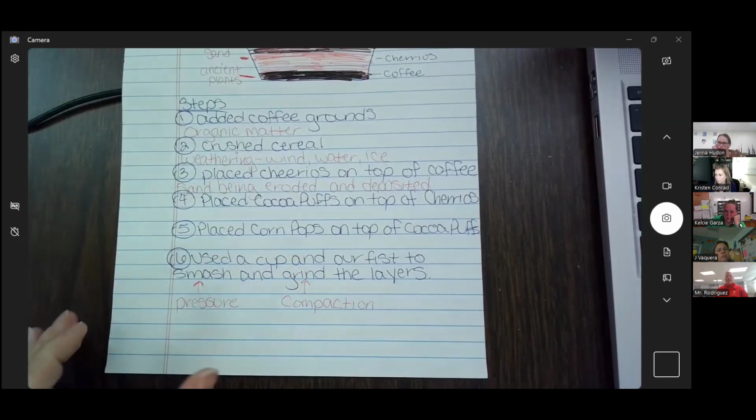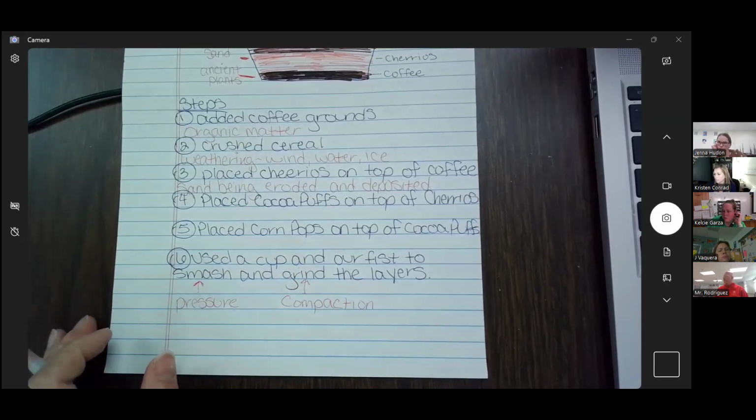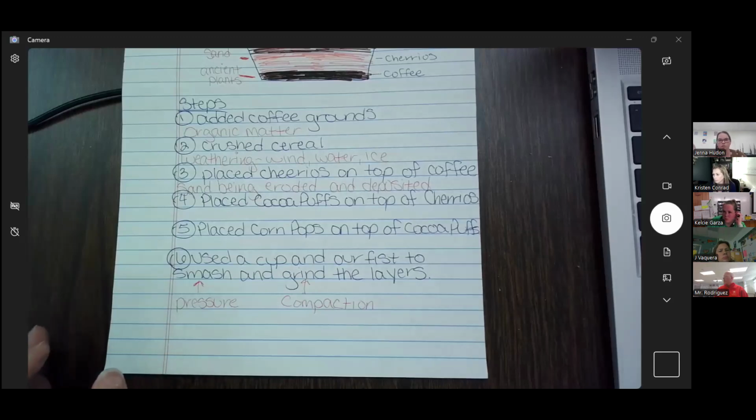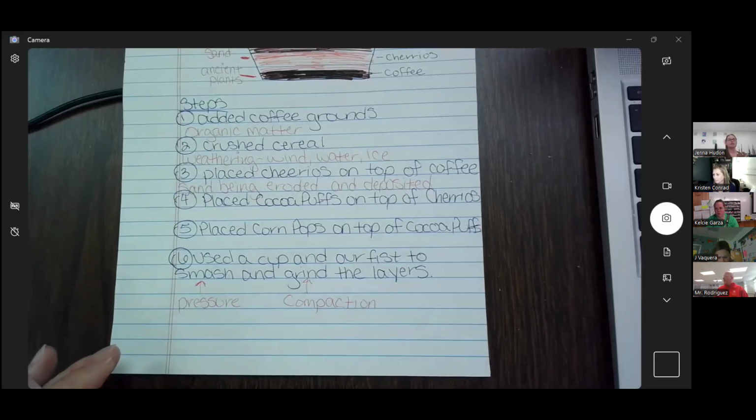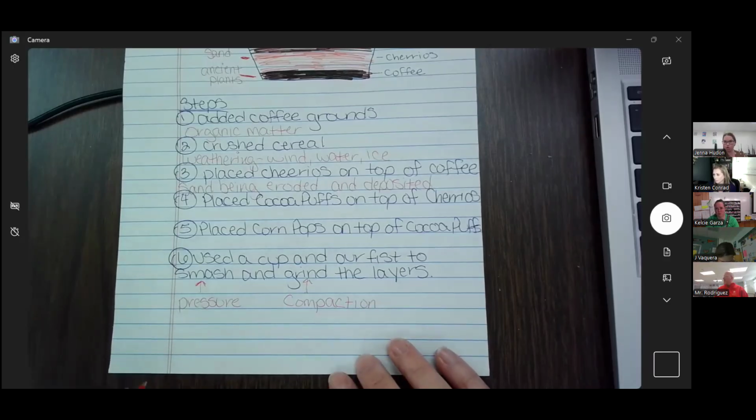And boys and girls, did you see what happened when we squished? What happened to that coffee layer, right? They'll tell you, oh, it started to seep, or hey, Sarah told me that it was seeping up earlier, if that's even the correct word, if it does seep up. But you know what I mean, right? That coffee layer was oozing into the other layers. And this is where you can reiterate that that is modeling cementation occurring and the squishing and the gluing together of all of these layers.